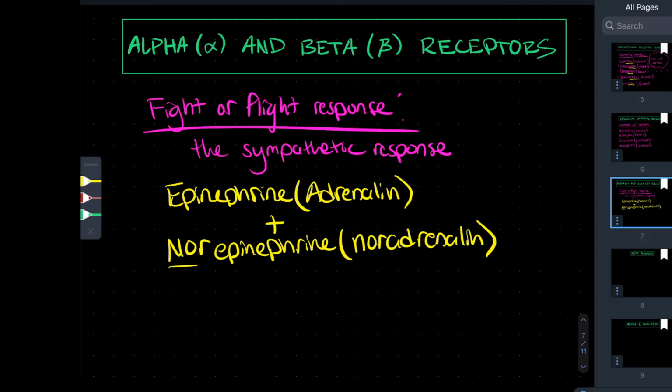So in your fight or flight response, epinephrine and norepinephrine are the two chemicals that are going to elicit that response.